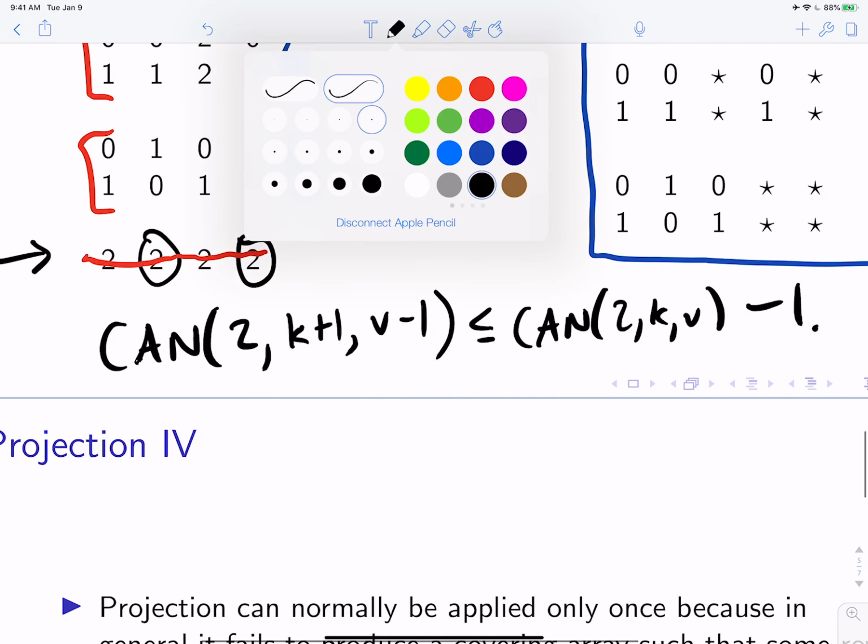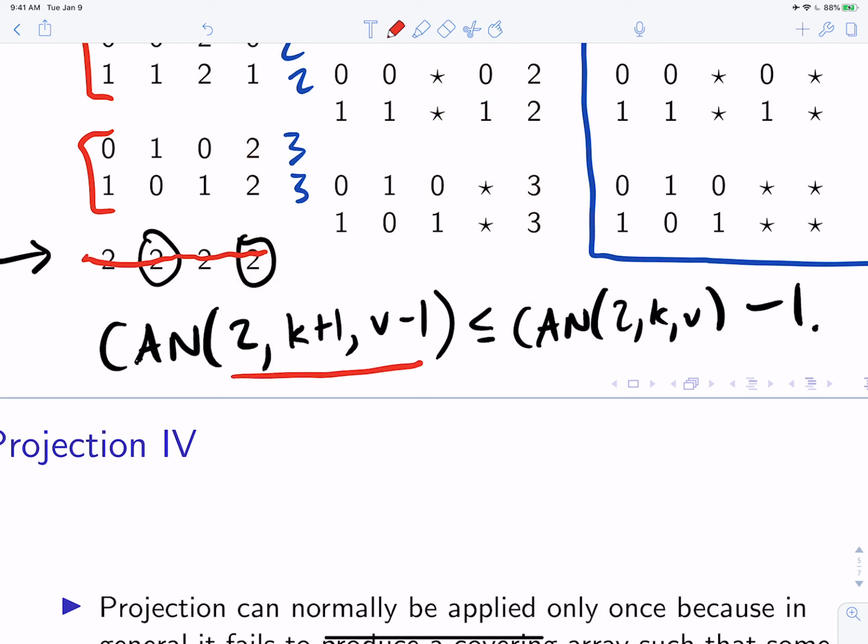So let's just say that you're trying to minimize the 2, k plus 1, v minus 1 for whatever parameter set that you want. Then what you would do if you wanted to apply this method was to find an array with 2kv such that every pair with a certain value appears exactly once, and then you get this bound out of it.